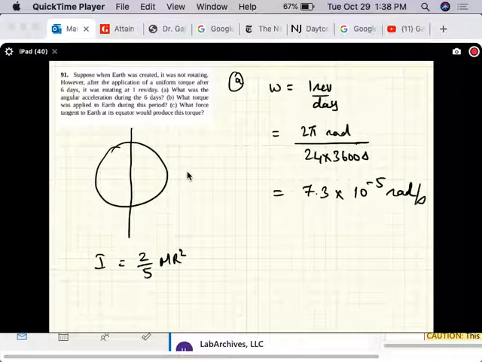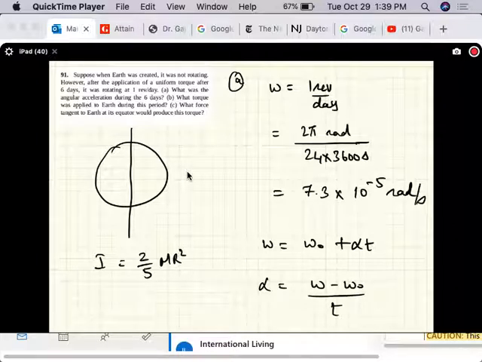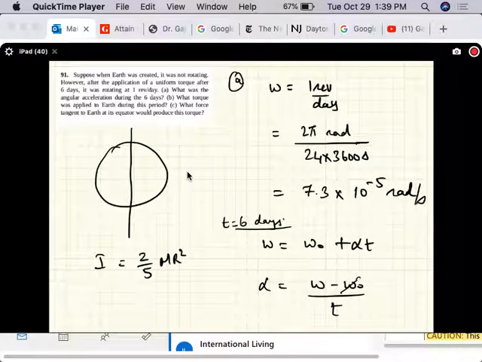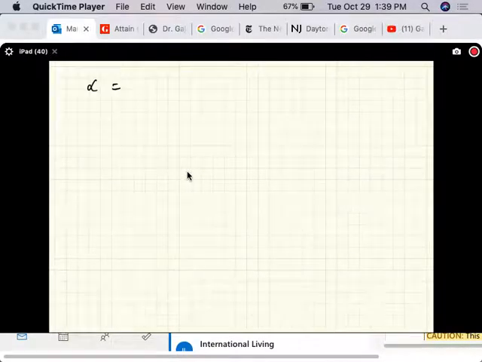Now, what is the angular acceleration? Omega is omega naught plus alpha t, so alpha is omega minus omega naught divided by t. You have 6 days to get to that angular speed, starting from rest, so omega naught is 0.